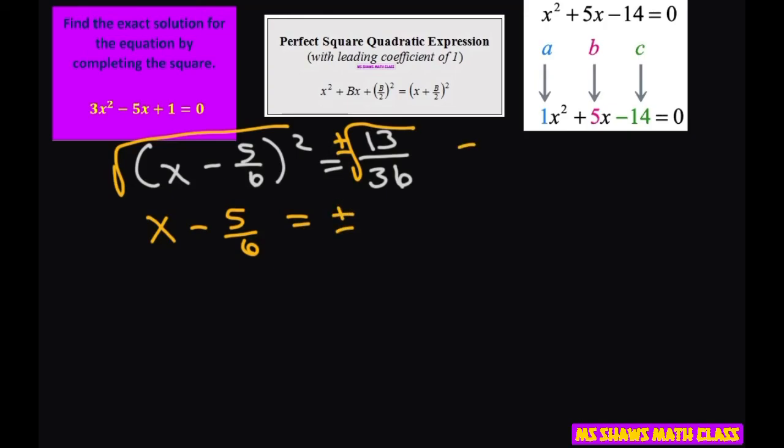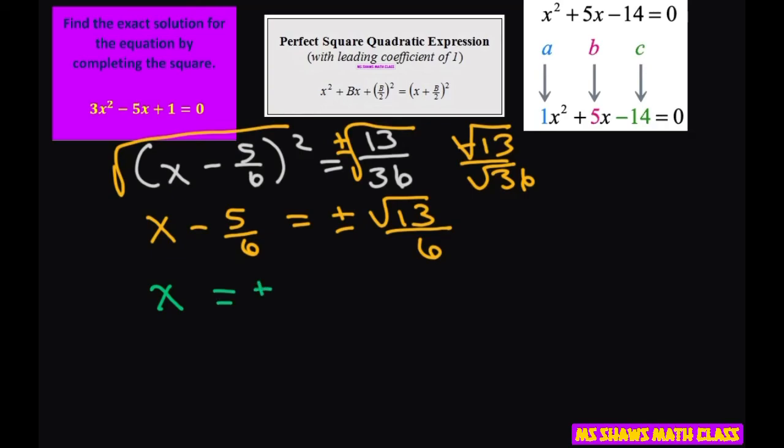Now we can write this as square root of 13 divided by square root of 36, so this is going to be square root of 13 divided by 6. Now I can write this as x equals 5/6 plus or minus square root of 13 divided by 6, since you're adding 5/6 to both sides. So that cancels out, just add it here. And that's your final answer.